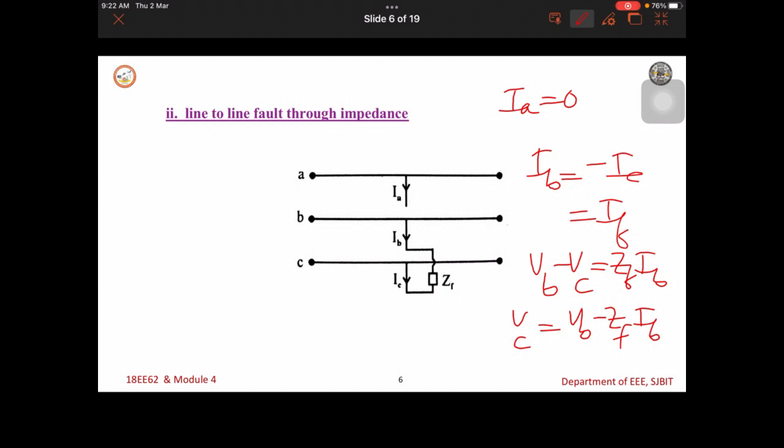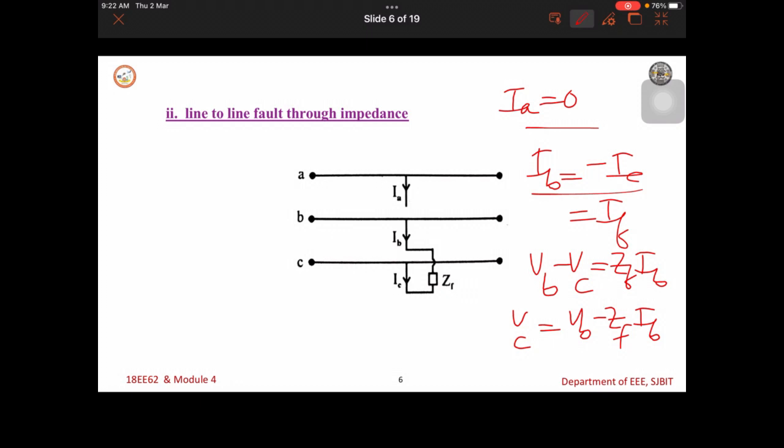The symmetrical components of currents, after substituting IA equal to 0 and IB and IC. So, you have the expression for the symmetrical component of currents.